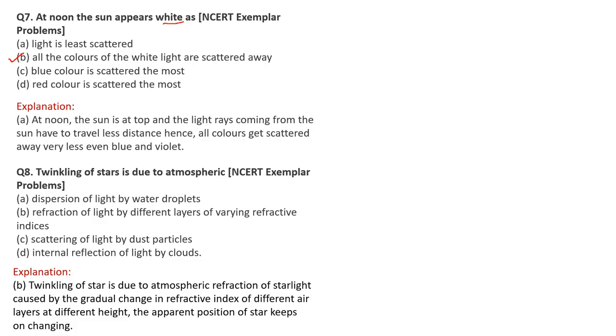At noon, the sun is at the top and the light rays coming from the sun have to travel less distance. Hence, all the colors get scattered very little, that is, the blue and the violet colors are scattered very little. Now if I draw a picture and explain, this is the atmosphere, and the sun is right at the top of our head.